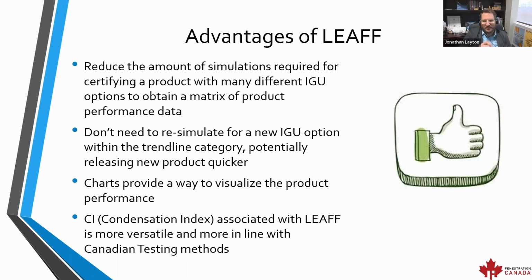I can't say, my one frame is this SKU number and that's it, because that one frame could have 4 or 5 different trend lines involved because of different options each of those frames have, or the cavity width if it's part of the IGU. So that's where the challenge comes. I'm a pragmatic person. I get what NFRC is doing here, but I also understand that there's some amount of information it puts on you to manage, which can be a challenge.